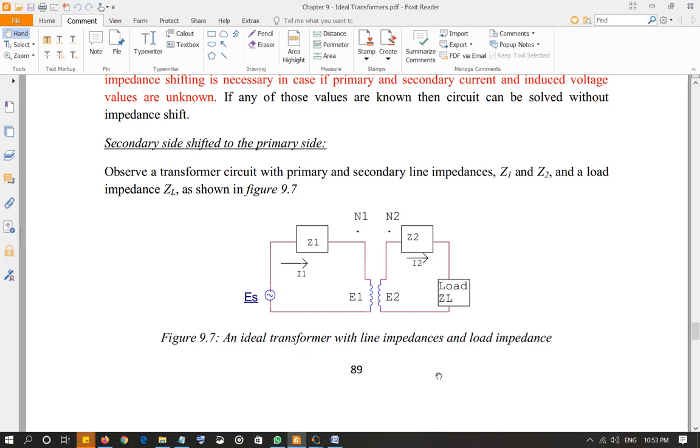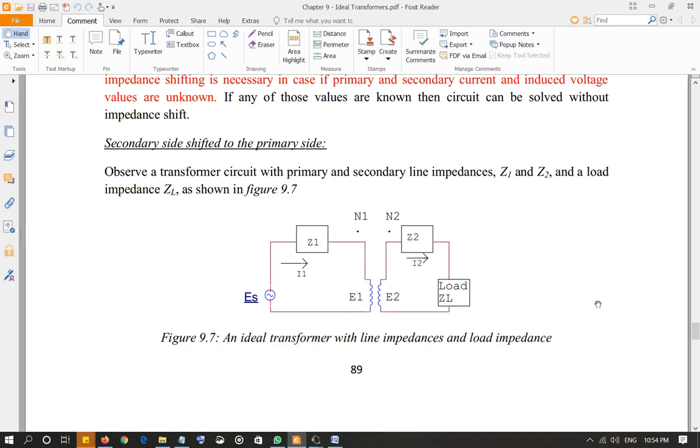We use different transformer relationships, that is E1 over E2 is equal to N1 over N2, or the turns ratio A. I1 over I2 is equal to N2 over N1, that is 1 over the turns ratio, and primary impedance Z1 equals A squared times Z2.